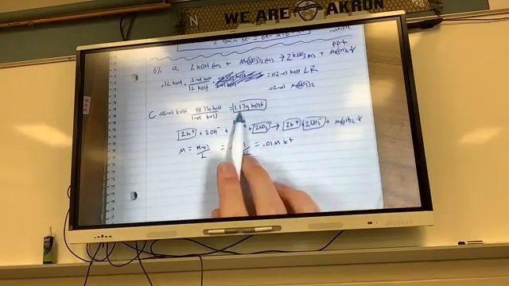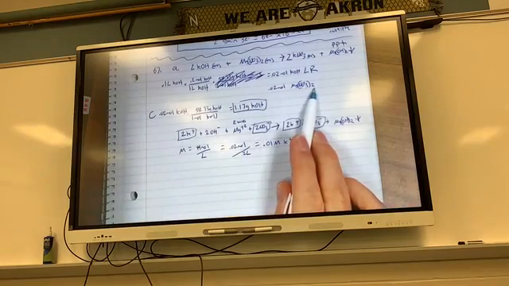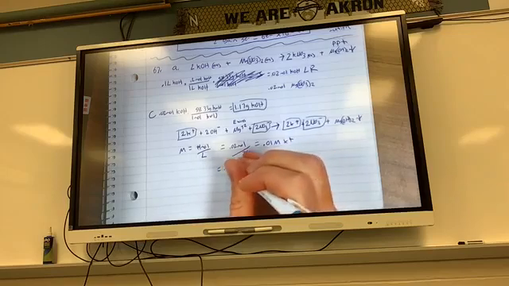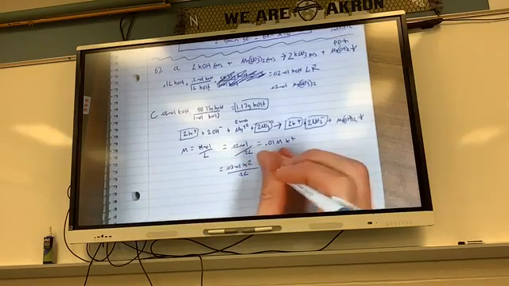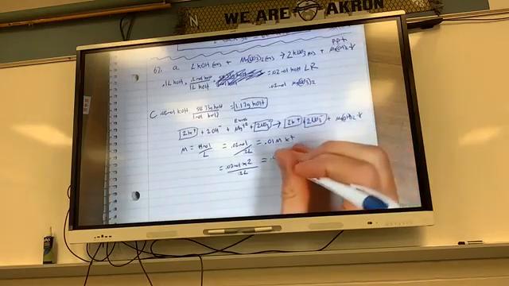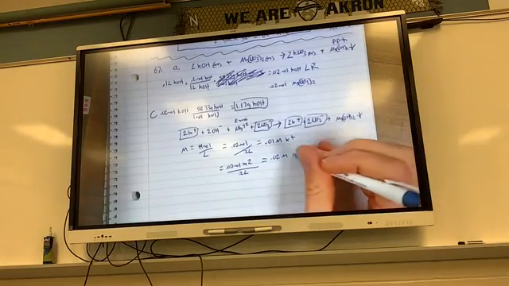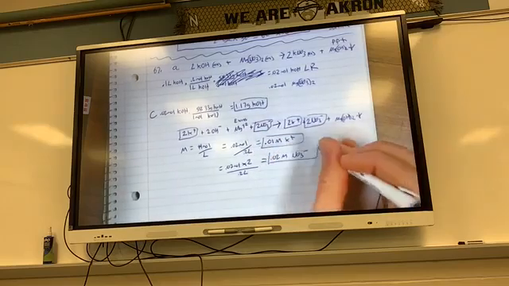So for NO3, I have 0.02 moles times 2, because there's 2. So that's 0.02 moles times 2 divided by 0.2 liters, which is 0.2 molar of NO3 minus.